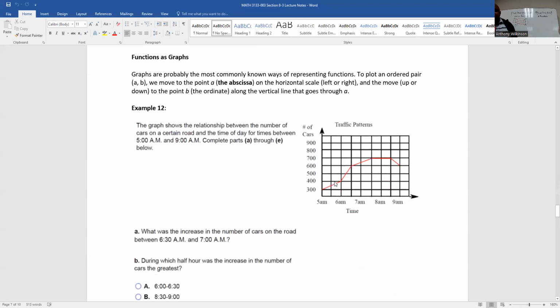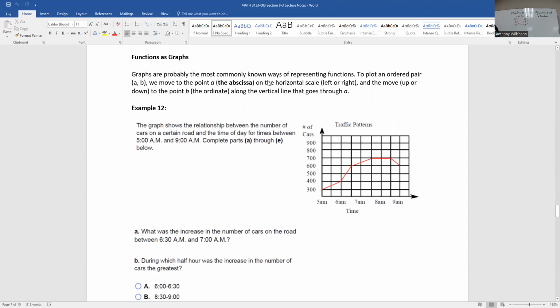Okay, functions can also be represented as graphs. Graphs are probably the most commonly known way of representing functions. So if we wanted to plot an ordered pair (A, B), we move to the point A, which is the x coordinate, but some textbooks use the word abscissa, which is the same as the x coordinate on the horizontal scale, left or right.